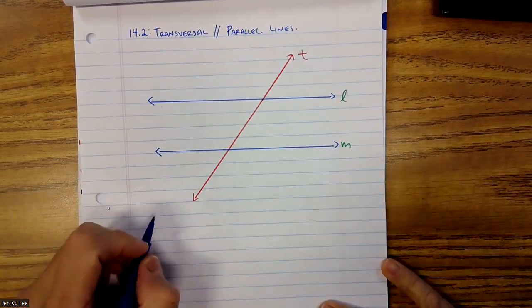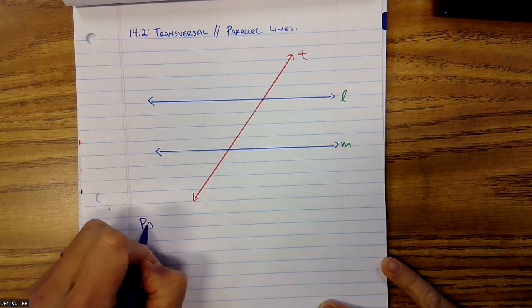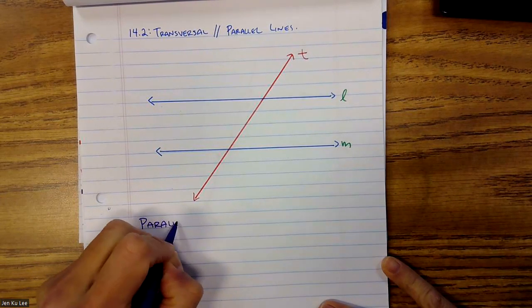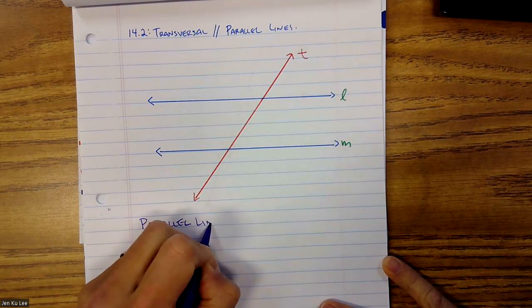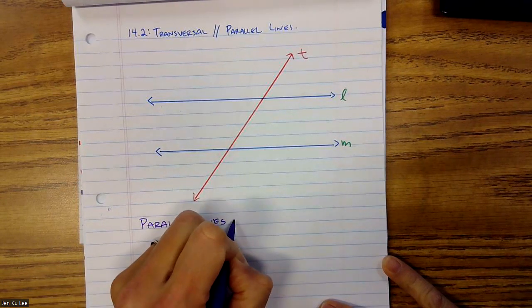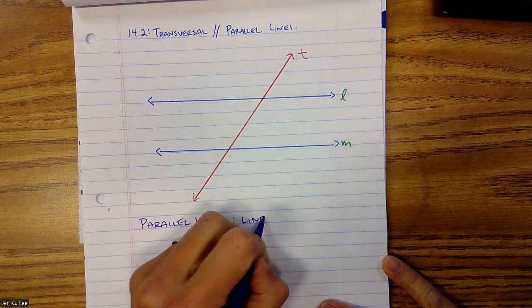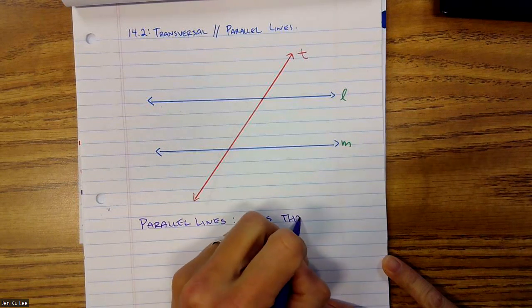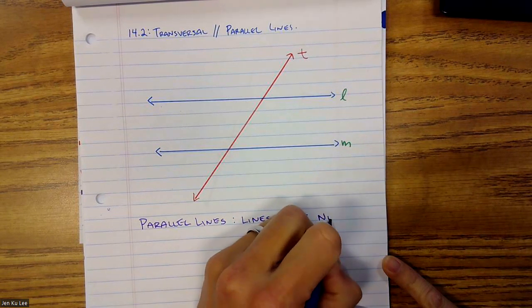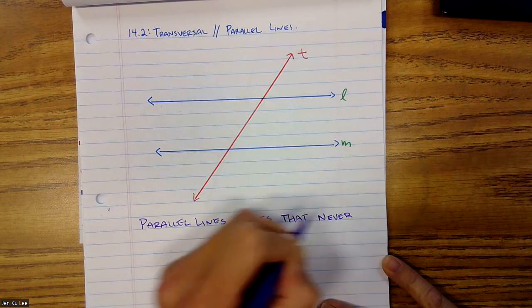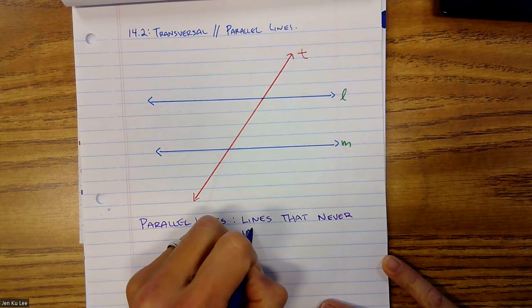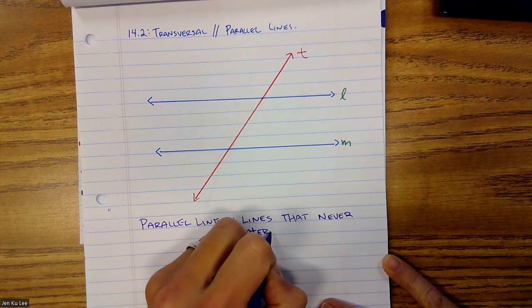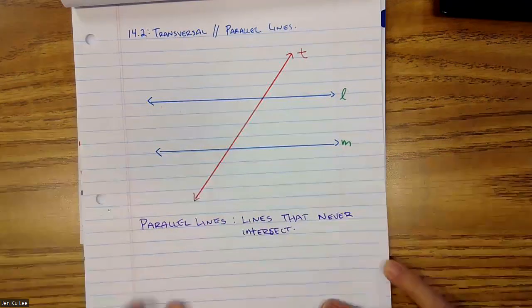Okay, never mind. So parallel lines are lines that never intersect. Okay.